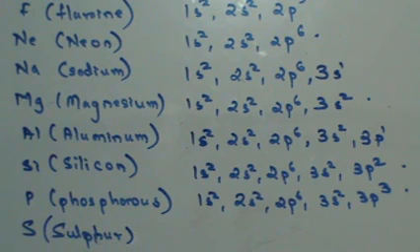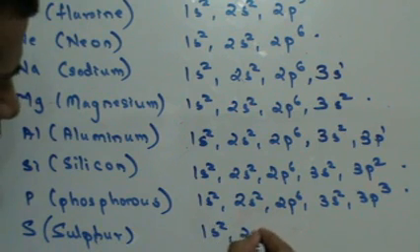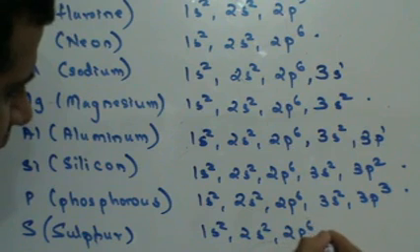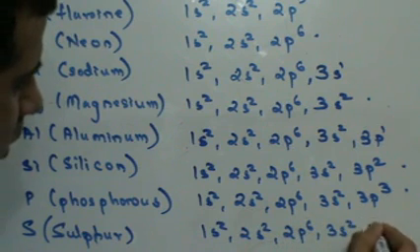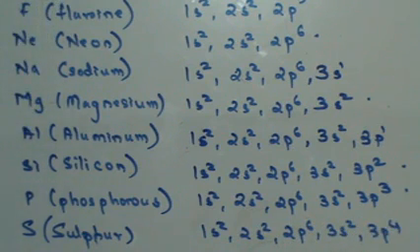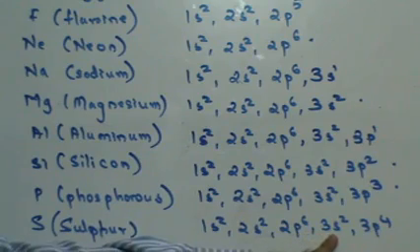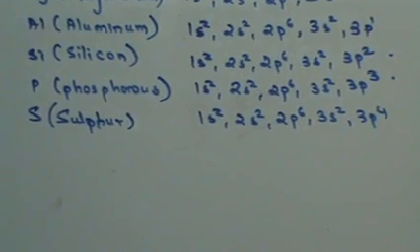Guys, try the electron configuration for sulfur. 1s2, 2s2, 2p6, 3s2, 3p4. Because the third orbit has 6 electrons, out of which 2 will go in the s orbital and 4 will go in the p orbital. Right?